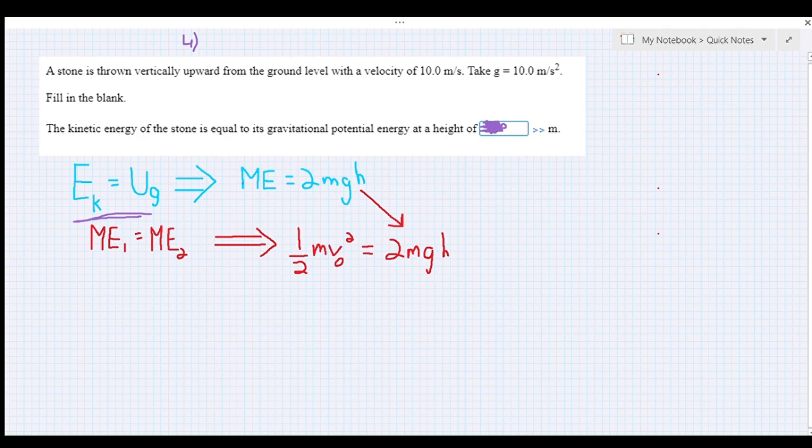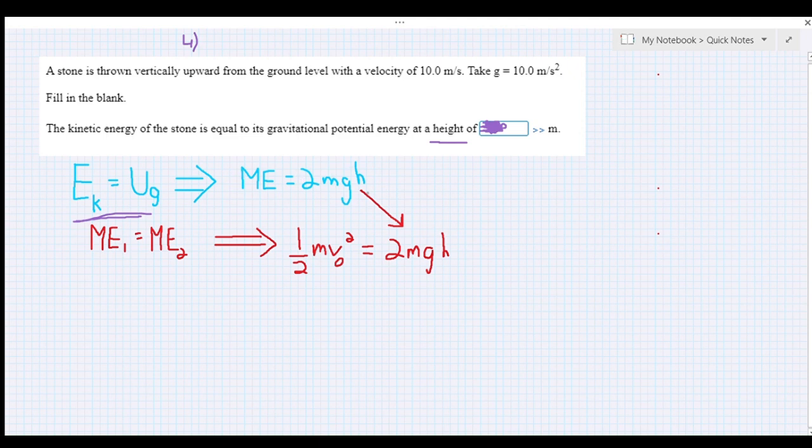Now here I'm going to eliminate one of the variables. So basically it's that ME, which is EK plus UG, is going to be either 2EK or 2UG. Here, since they asked for the height and UG is a function of h, I'm going to be saying that ME is 2mgh.